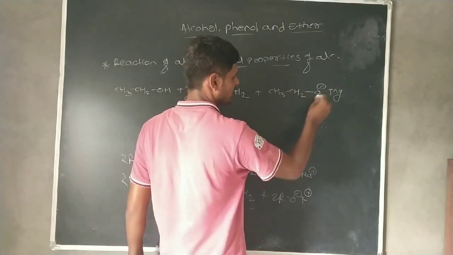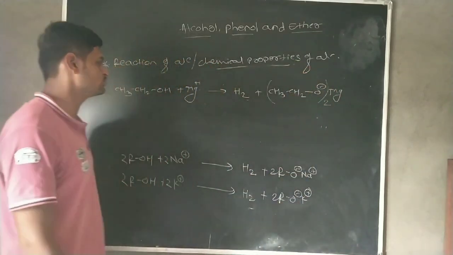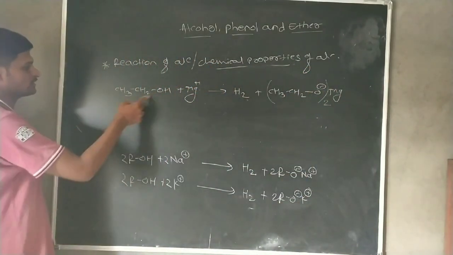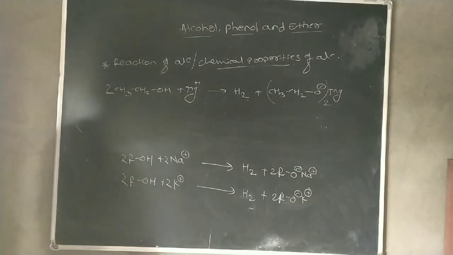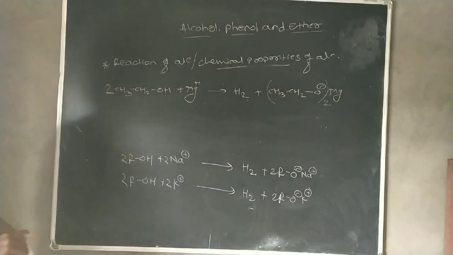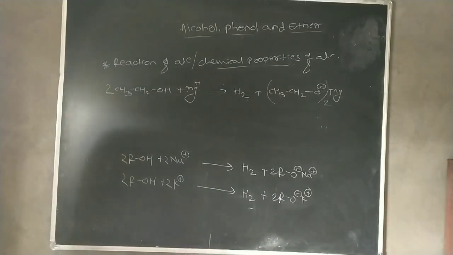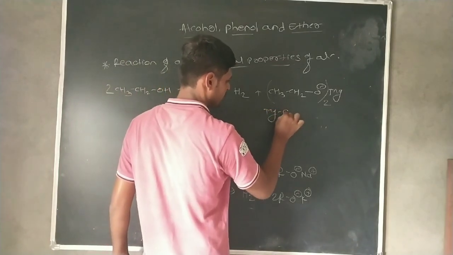Therefore, 2 alkoxide ions are attached to the Mg, so 2 molecules of alcohol are also required. This is known as magnesium ethoxide.